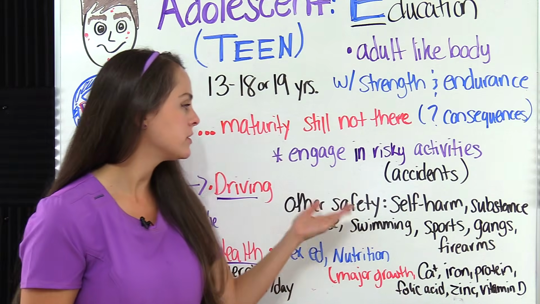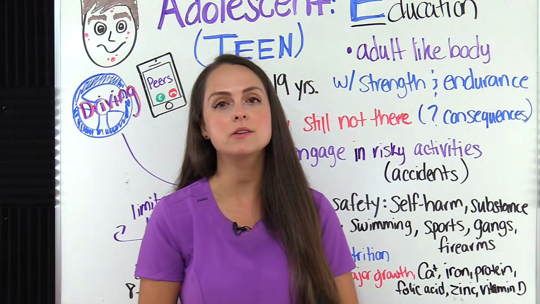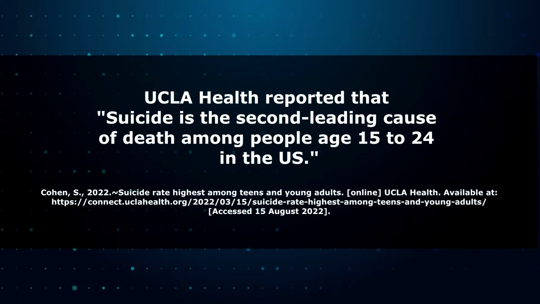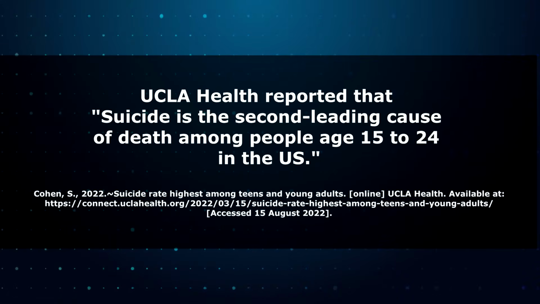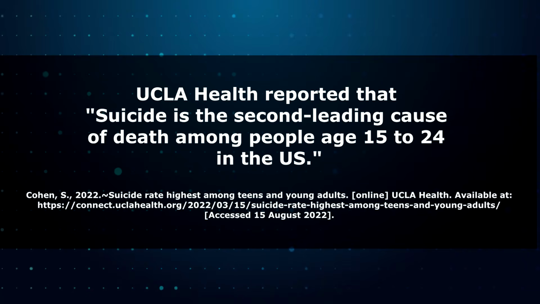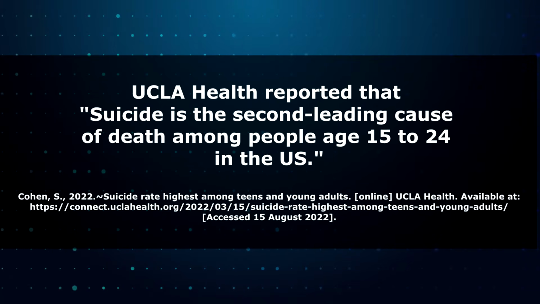And some other safety concerns would be self-harm, like suicide. And unfortunately, a recent article by UCLA Health said that suicide is the second leading cause of death in people ages 15 to 24 in the US.